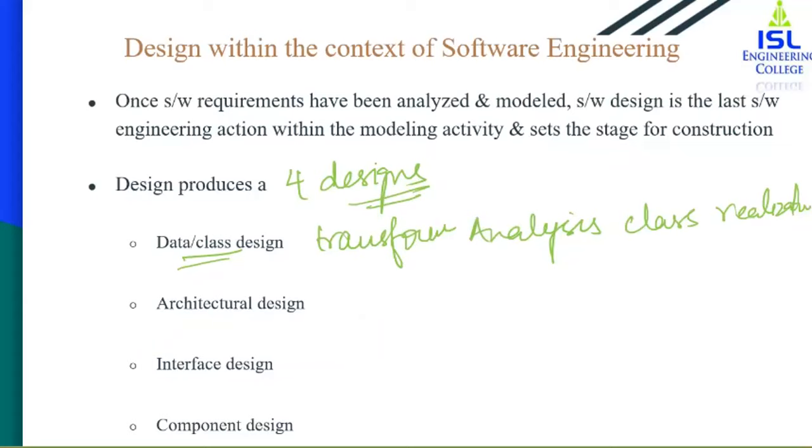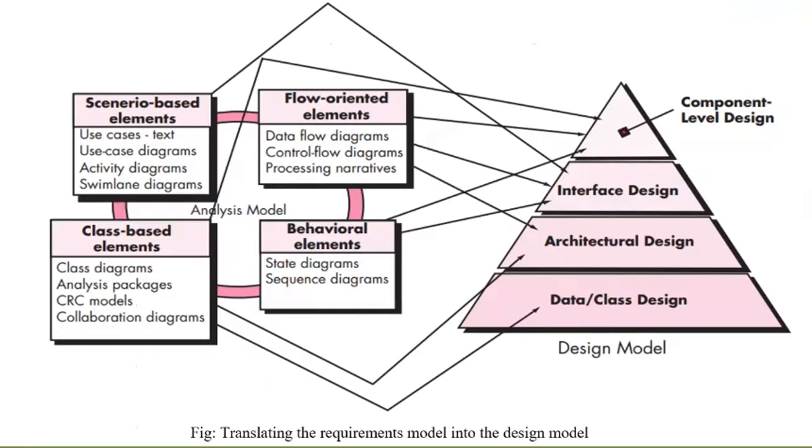So we have studied four different designs: data class design, architectural, interface, and component design. Now this is your diagram that is going to translate the requirement model, also called the analysis model, into the design model. You have seen that this is your design model, with four different designs.